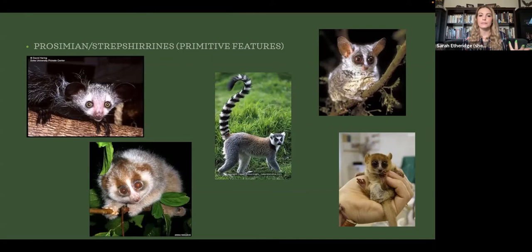So he goes up in the trees, he listens for insects inside the trees, tapping with his little skeletal claw. And then when he hears them in there, he can use his rodent-like teeth to kind of puncture the bark and get them out. So lemurs are a good example of this. We have lorises, galagos, bush babies. These guys haven't changed very much since their ancestors millions of years ago.